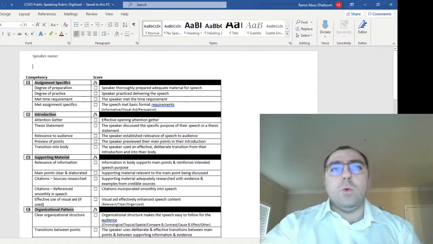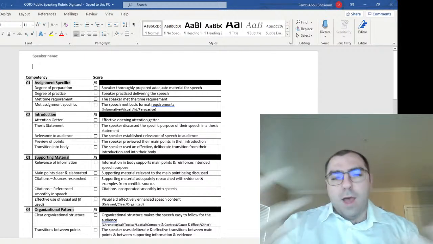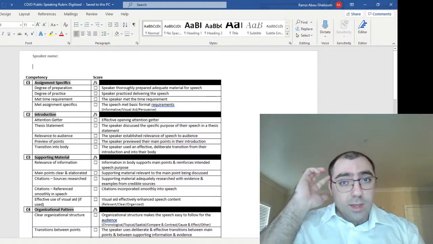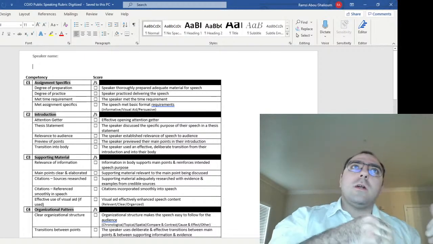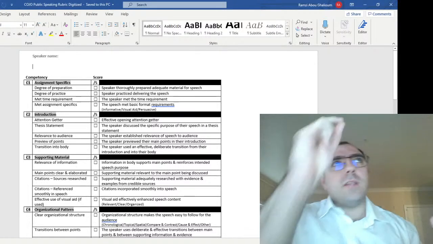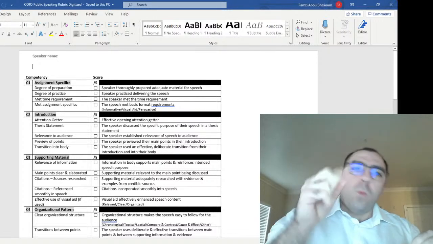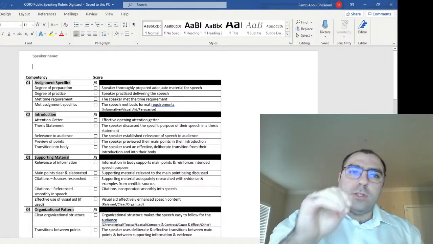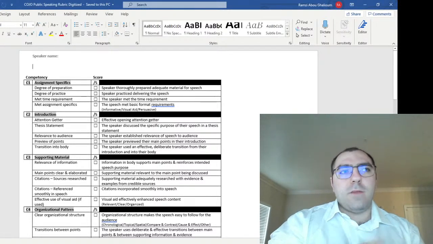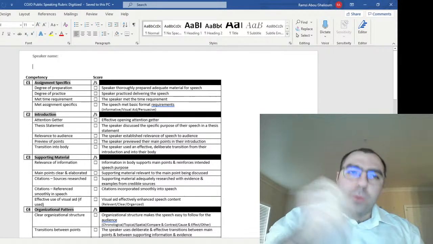One is that I've been doing this for 5 years now, and I've seen a lot of speeches. Earlier, it took me a long time to decide whether this person got this criteria or that criteria. Now, while I'm watching and listening, I can go through and do it rather quickly as a benefit of my experience.